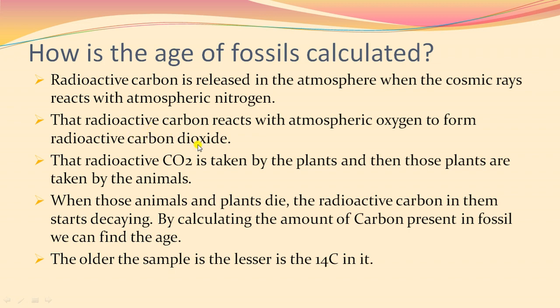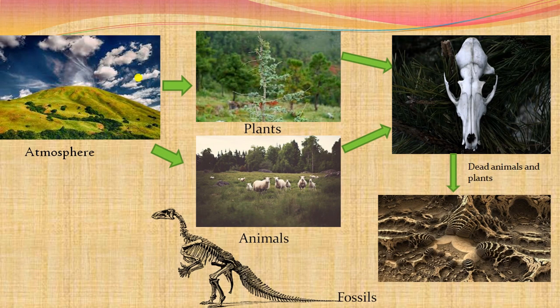Here you can see, in the atmosphere, cosmic rays from the sun react with atmospheric nitrogen to release radioactive carbon, which reacts with oxygen to form carbon dioxide. Which carbon dioxide? Radioactive carbon dioxide.